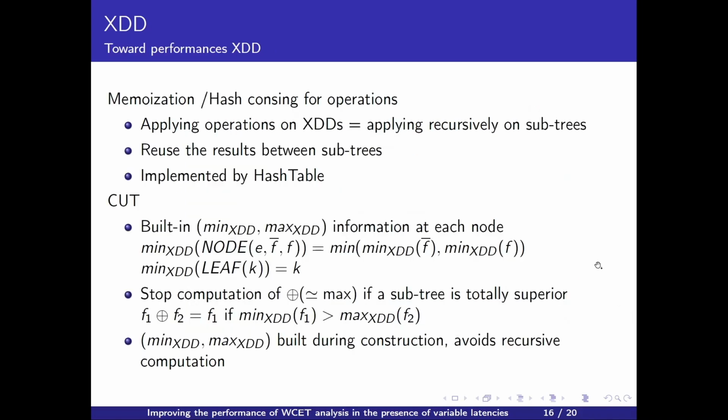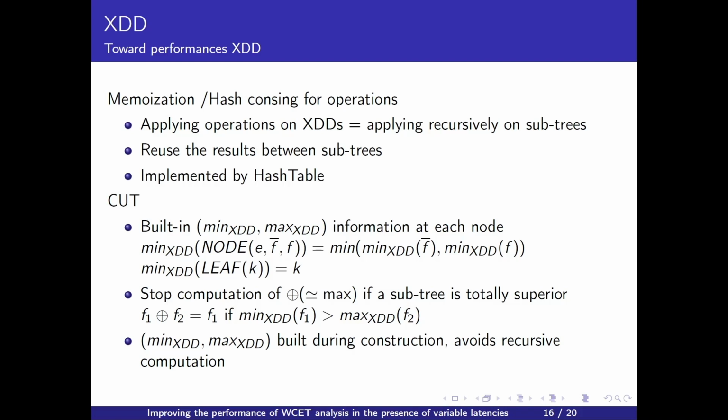Since the algorithm applies recursively on subtrees of XDD, and considering the possible similar subtrees during the computation of the execution graph, we have implemented a memoization unit for each operator. It records the result between XDD subtrees the first time and allows us to reuse it if the identical computation is needed again later.